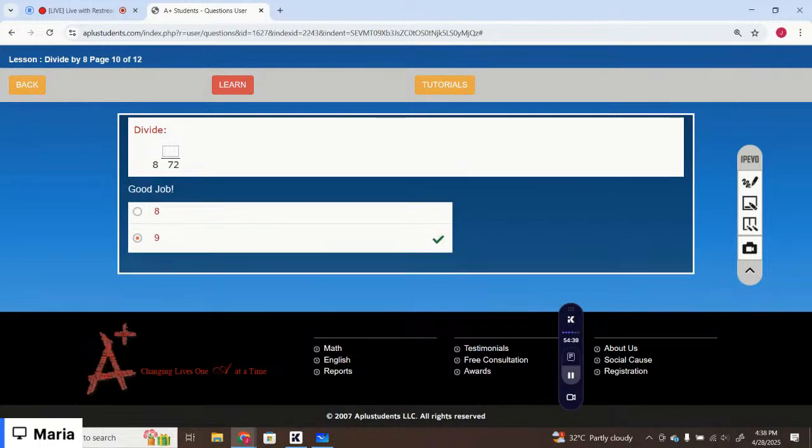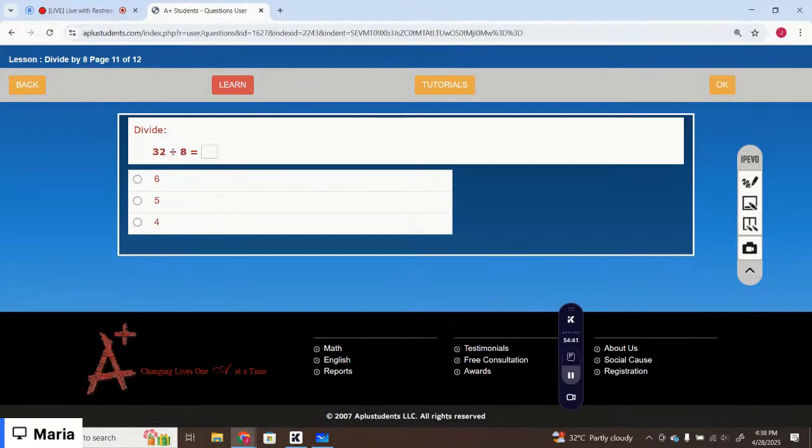The correct option is 9. 32 divided by 8, which is the correct option. Eight times 4 is 32. The correct option is 4.